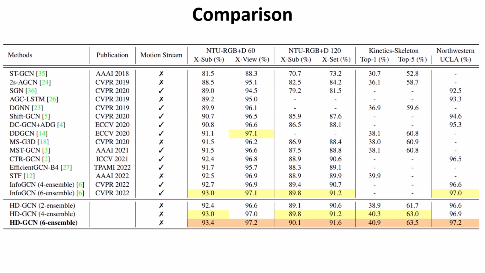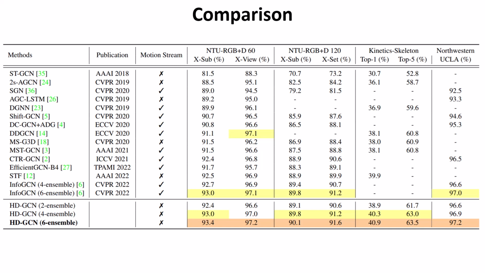And about the comparison of the model with the other models, we can see HD-GCN, if we do 6-way ensemble, receives kind of 0.4% better accuracy in NTU RGBD in case of cross-subject analysis. And cross-subject means the training and tests are having different subjects, and cross-view means the train and tests are having the same subjects but in different camera views.